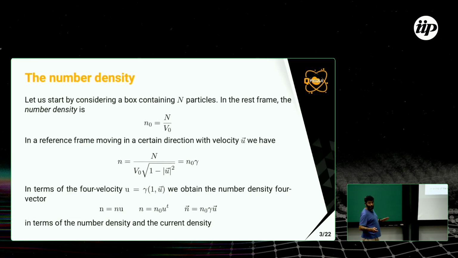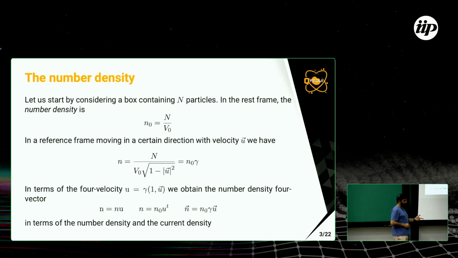It must be a density, first of all, because the equations simply equate densities. So we need the densities on one side. It's easy to build the densities, let us start with the number density. Let us think about a box full of gas with many particles inside of it.